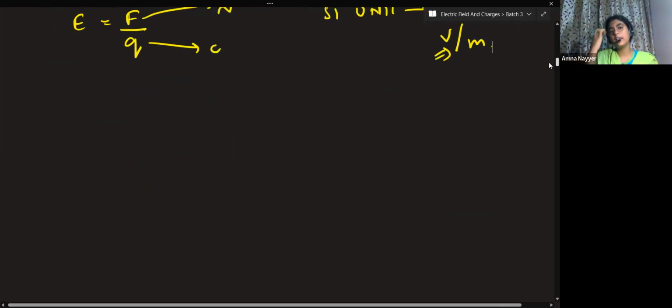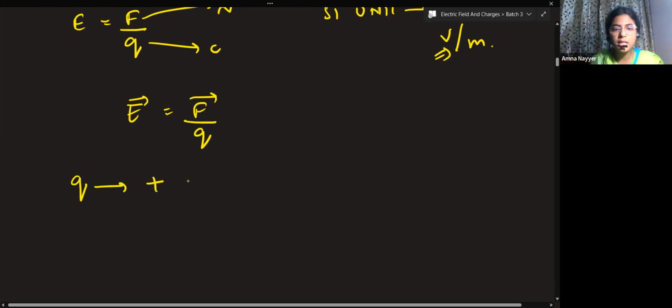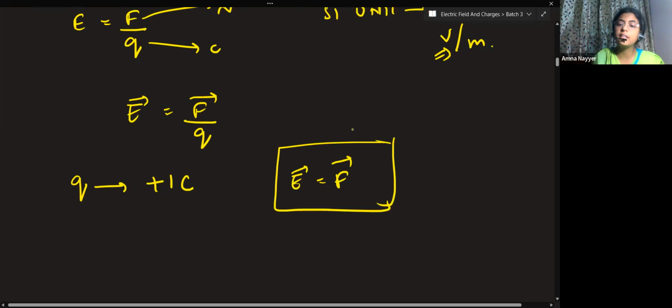One more thing, if I'm writing electric field is equal to force by charge, and I put charge as plus 1 Coulomb, then electric field will directly be equal to force because now the denominator has become 1. So we have got another definition of electric field.